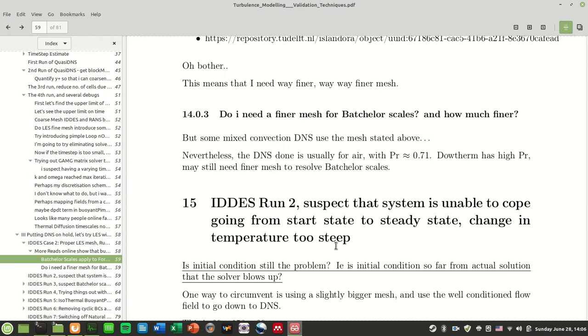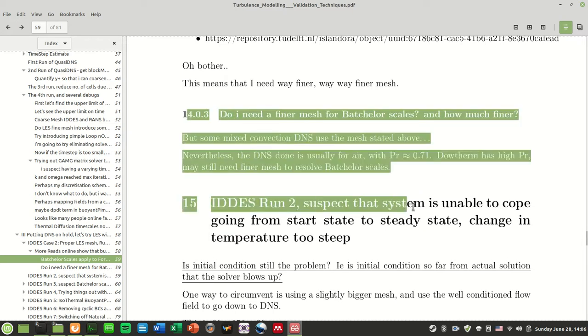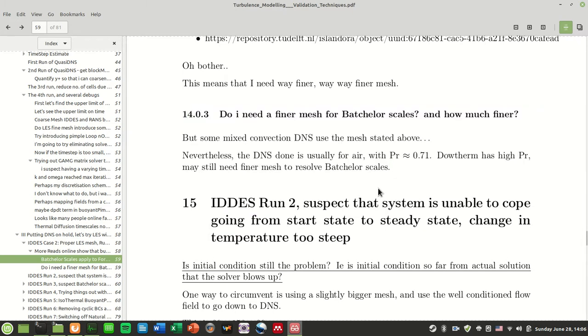So I thought of buying a new machine with upgraded RAM. Yeah. However, even then, when doing LES, large eddy simulation, the Batchelor scales, or at least the smallest scales of turbulent heat transfer, should in theory be modeled.